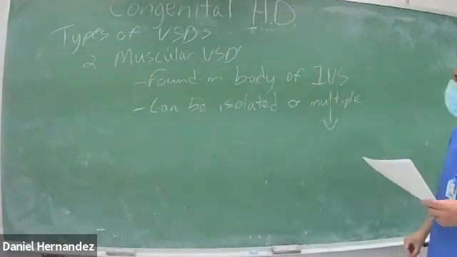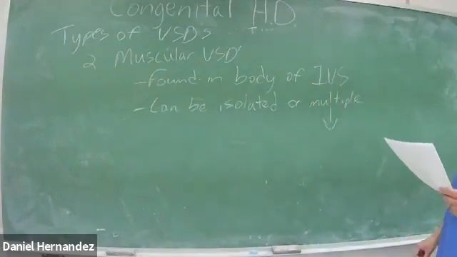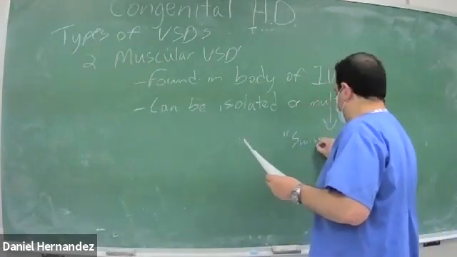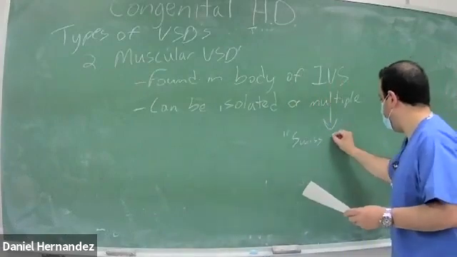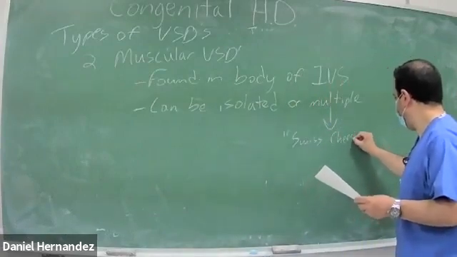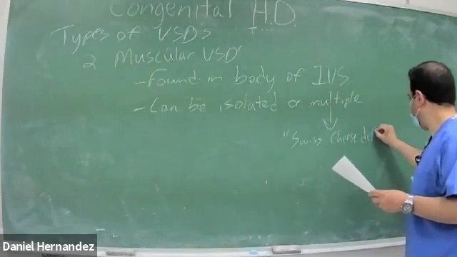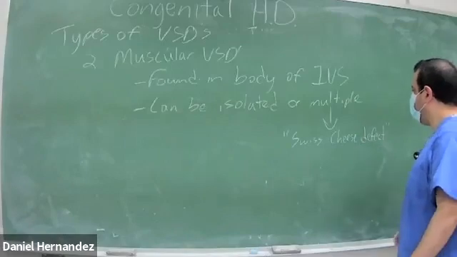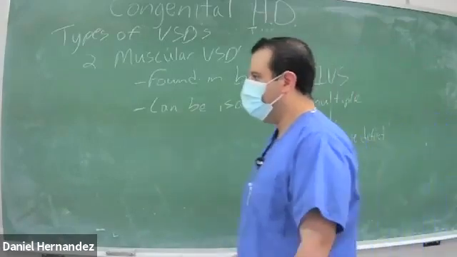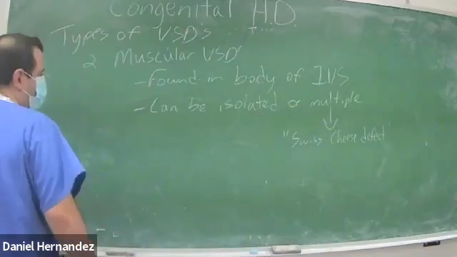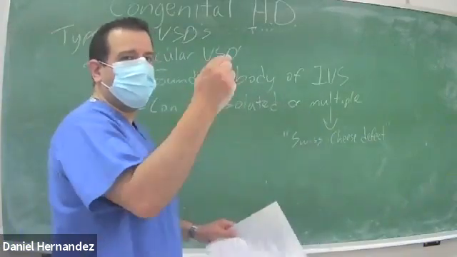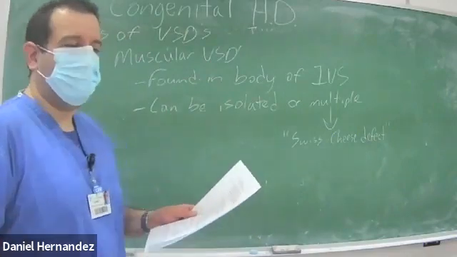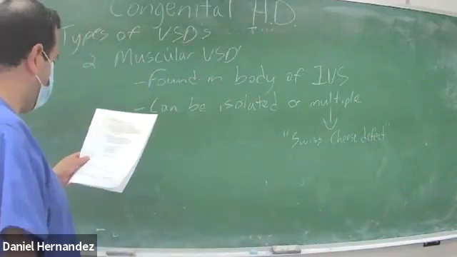If the patient has multiple muscular VSDs, it's actually called a Swiss cheese defect. I think of the big muscular septum with lots of little holes in it. Kind of looks almost like a piece of Swiss cheese with the little holes.